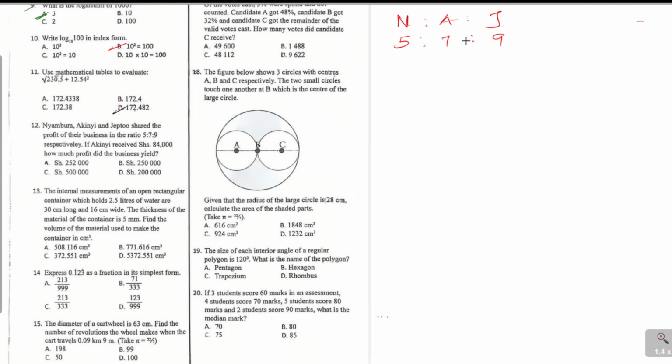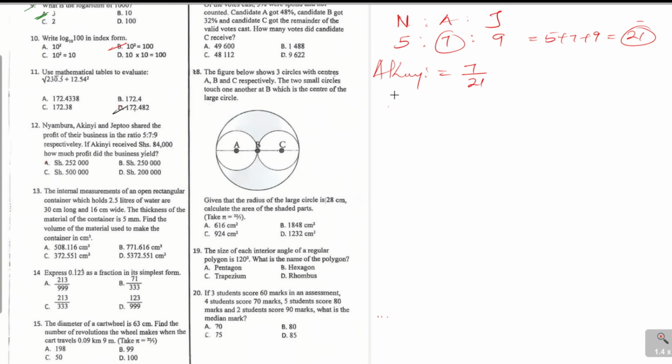So to get that, we get the total of this ratio, which is 5 plus 7 plus 9, which will give 21. So the fraction for KCDE will be 7 divided by the total.